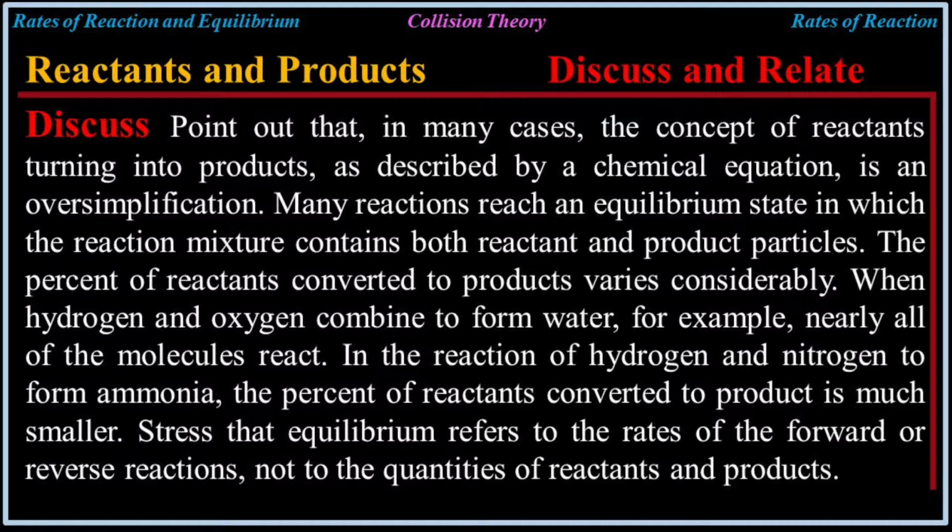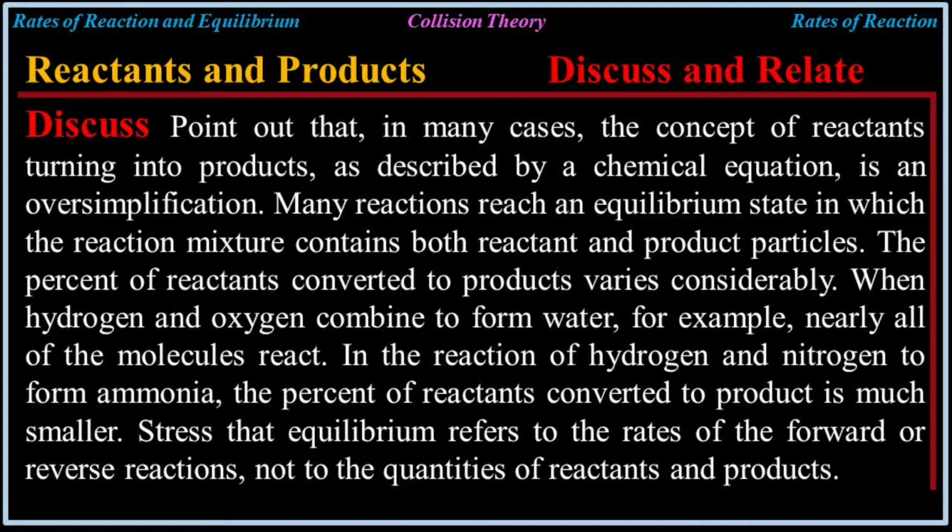The percent of reactants converted to products varies considerably. When hydrogen and oxygen combine to form water, for example, nearly all of the molecules react. In the reaction of hydrogen and nitrogen to form ammonia, the percent of reactants converted to product is much smaller.